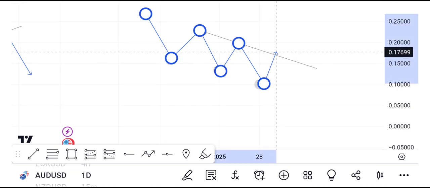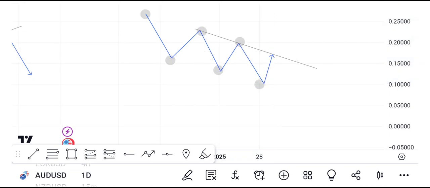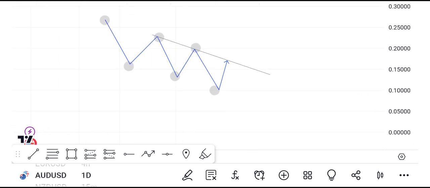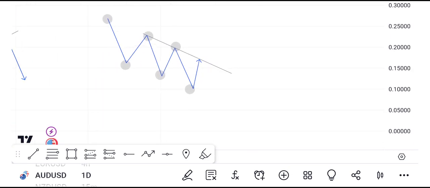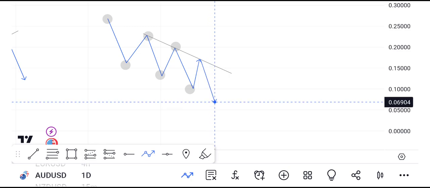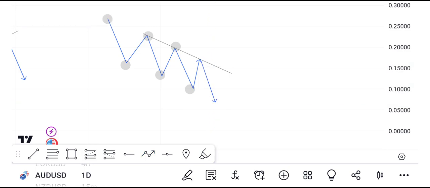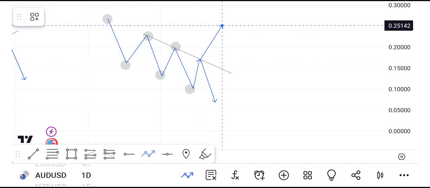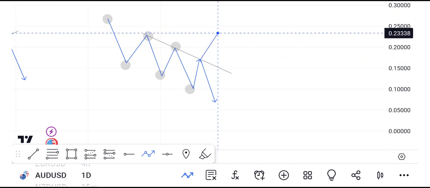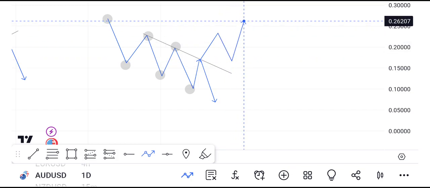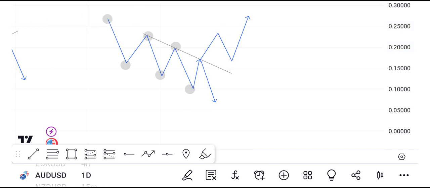Same applies to this one here. We wait for price to hit this level here for our third touch, and then after price hits that level, we are either looking for price to continue and form the next lower low, or for price to break that level, retest that level, and then go up.